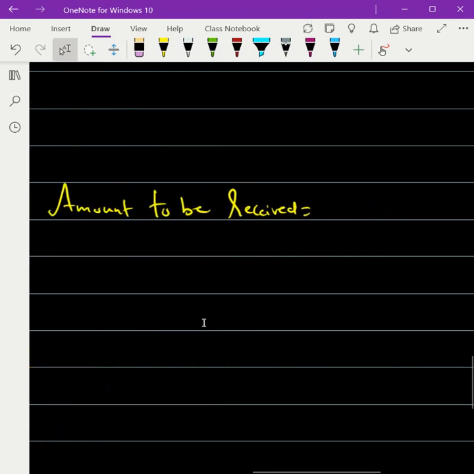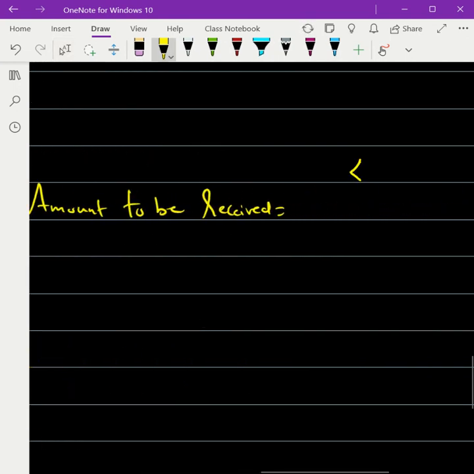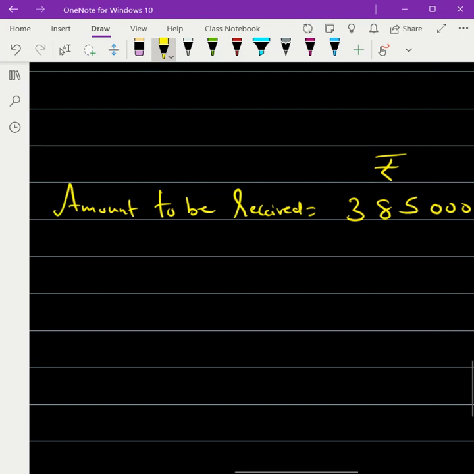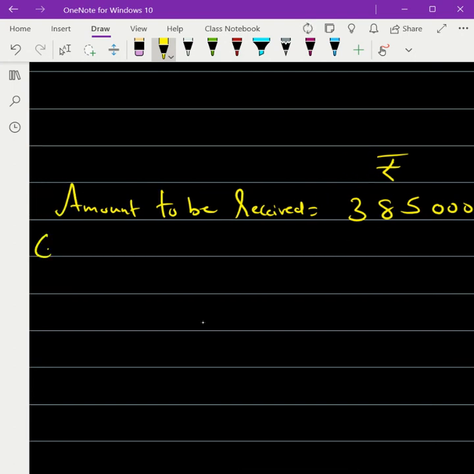That is the amount which you have to receive on the whole. In this, what is the amount that you have not received, that you have to subtract? Less amount not received.